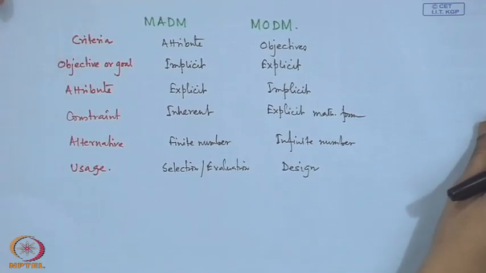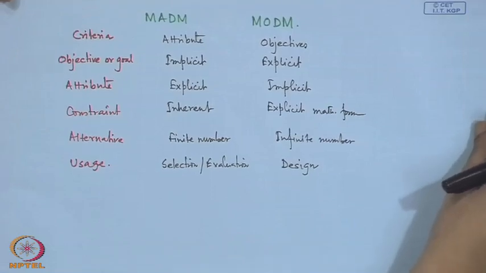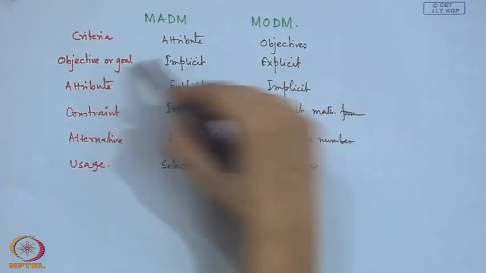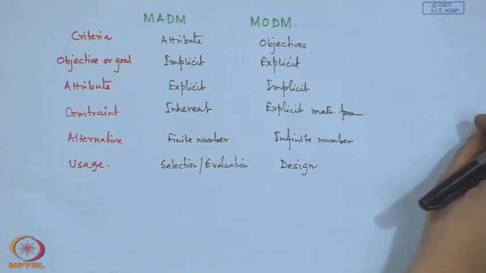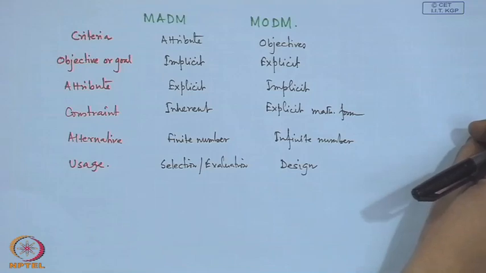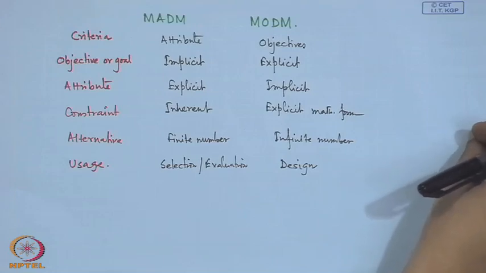We know that for the multi-objective decision making problem, the objectives are explicit in nature. We have specific mathematical formulations for the objective functions. But in multi-attribute decision making, the objectives are implicit in nature, and the attributes are in explicit form, whereas in multi-objective decision making, the attributes are implicit in nature.